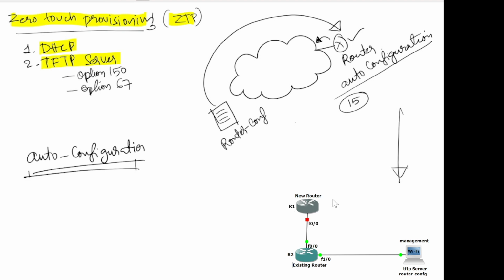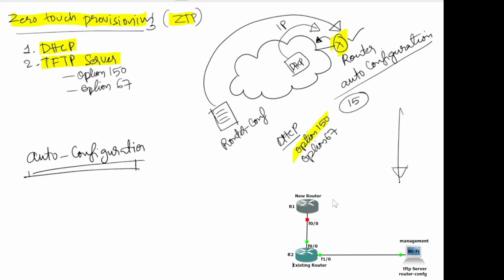So the concept here is that my router boots up first and requests an IP address from the DHCP server. The DHCP server provides an IP address. Along with the IP address, the DHCP server also provides option 150 and option 67.